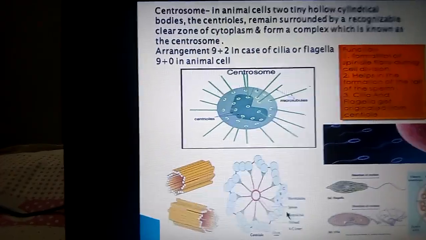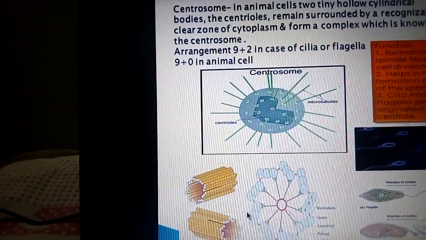Count from here: 1, 2, 3, 4, 5, 6, 7, 8, 9.